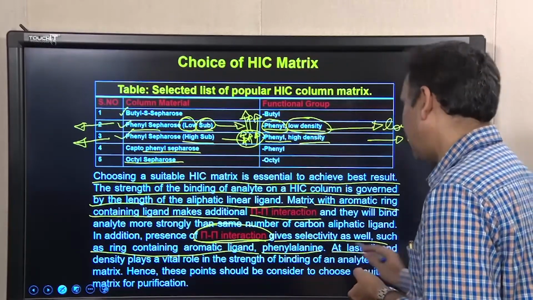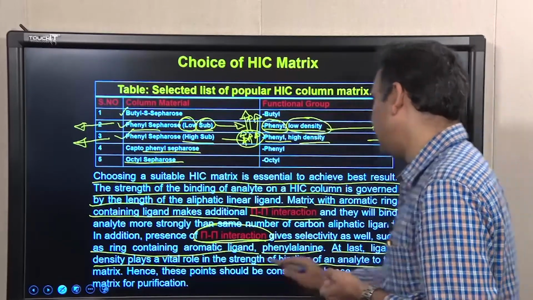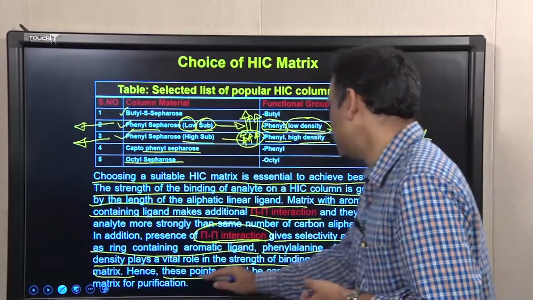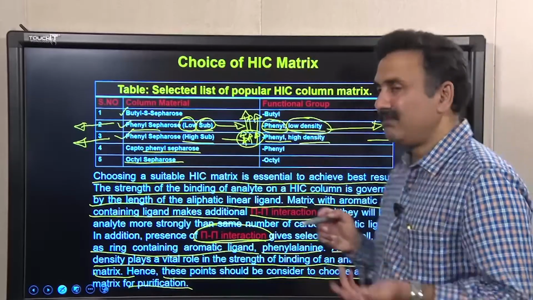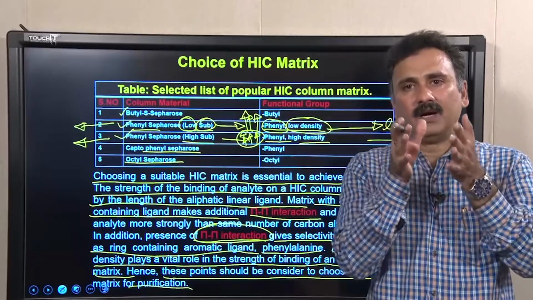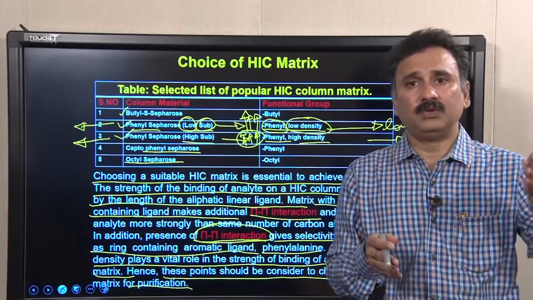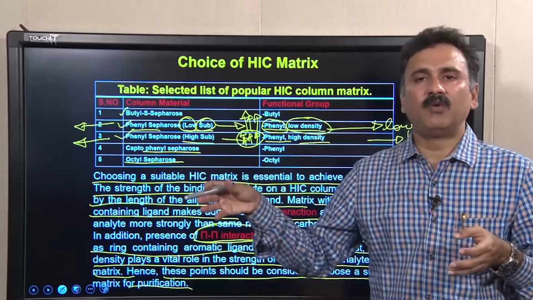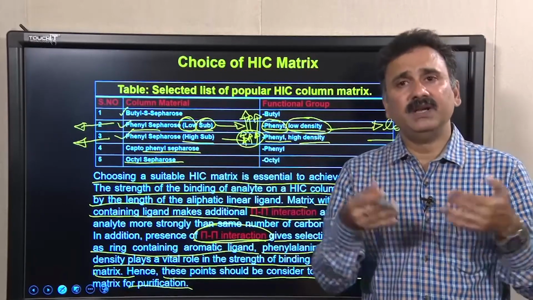At last, the ligand density plays a vital role in the strength of the binding of analytes to the matrix. Hence, these points should be considered to choose a suitable matrix for the purification. One thing you have to remember is that HIC always utilizes the hydrophobic interactions between the groups present on the matrix as well as the hydrophobic patches present on the proteins, and these interactions are very strong.